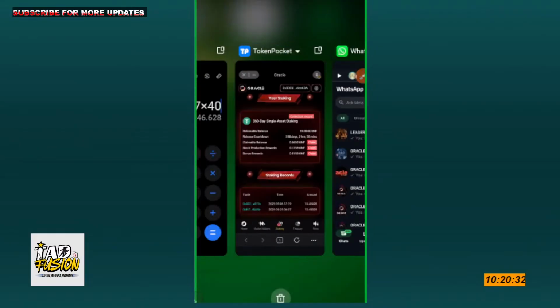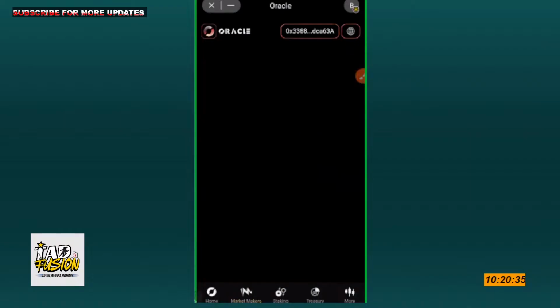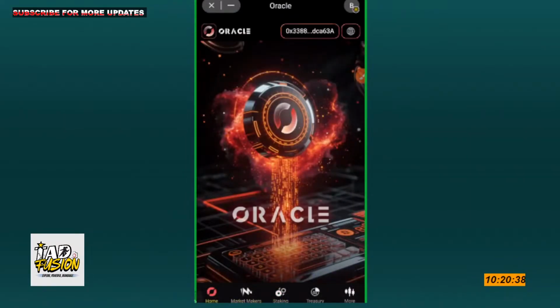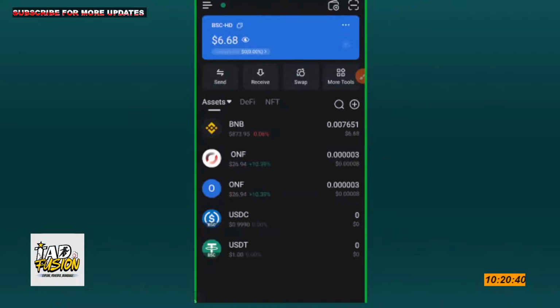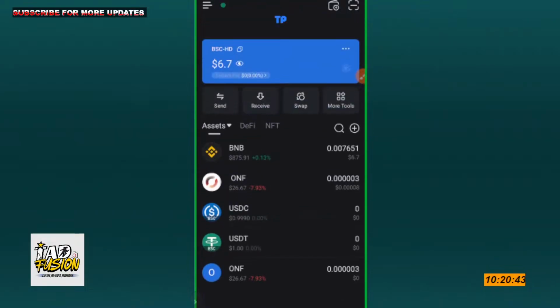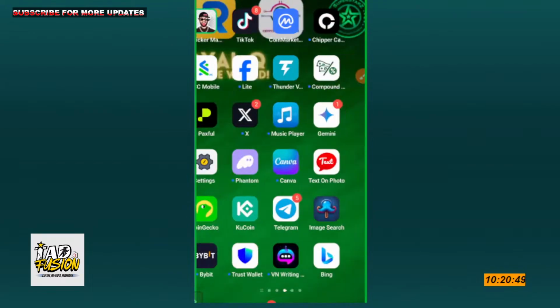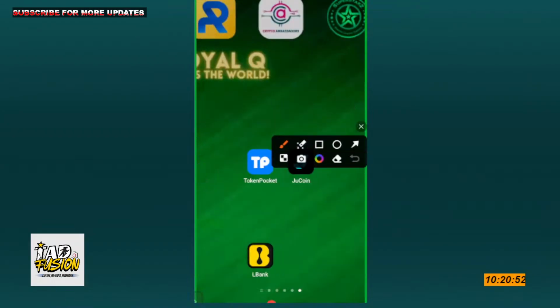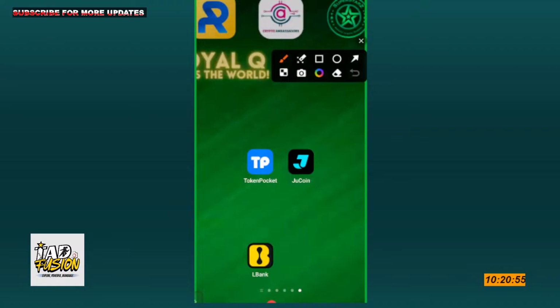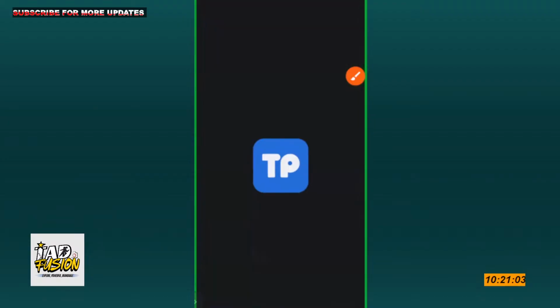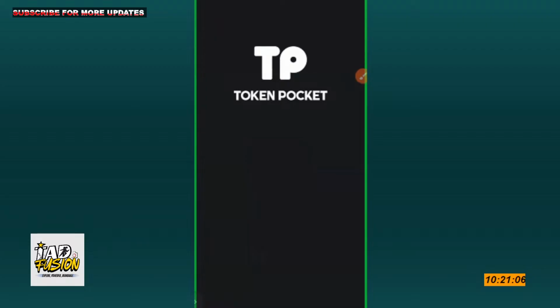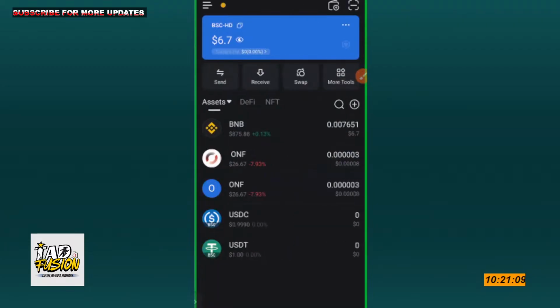So I'm going to help you navigate within your Oracle system. If you want to access your Oracle system, you are going to pass through Token Pocket. Token Pocket is connected with your Oracle system.